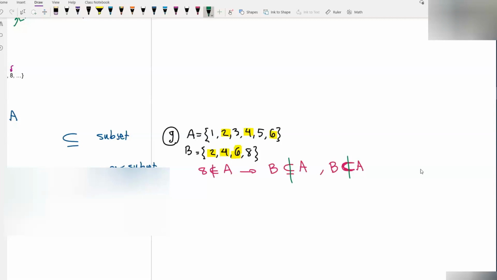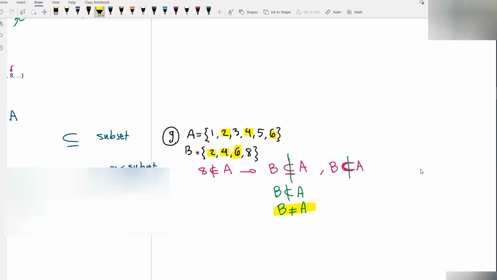I don't have this one. When I draw a line like this, that means it's not a proper subset, that is not equal to. Because I draw a line for all of the outward, it's not just this equal to.